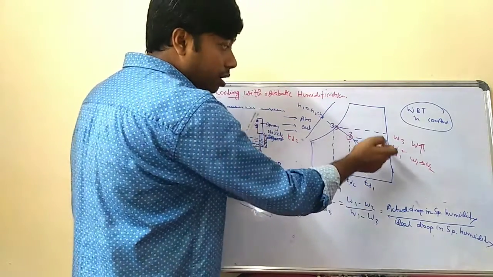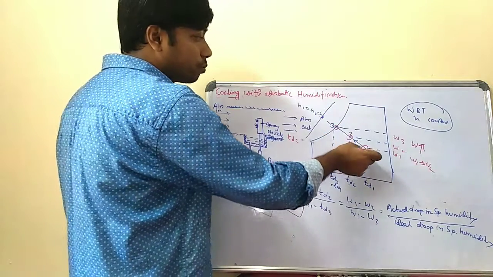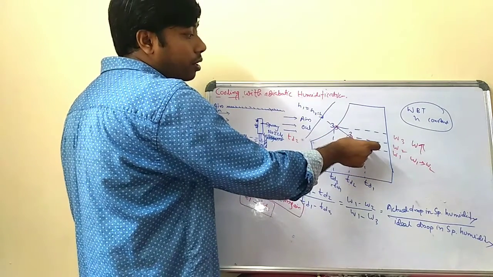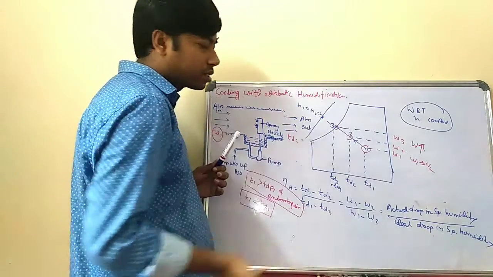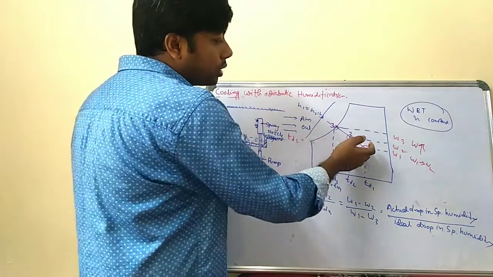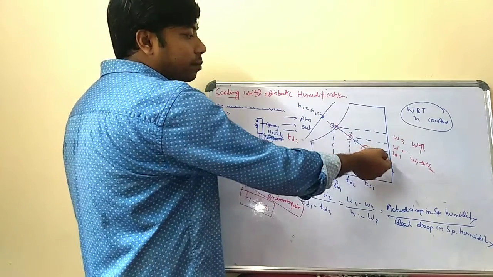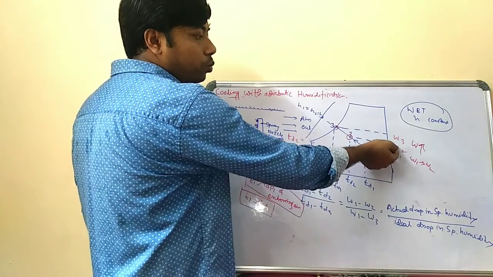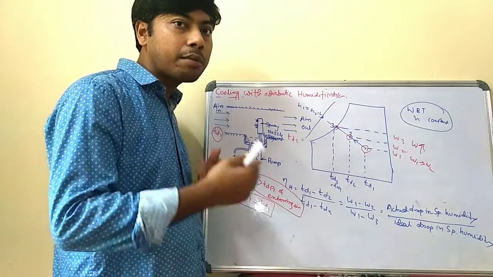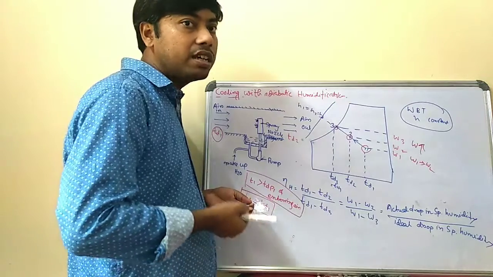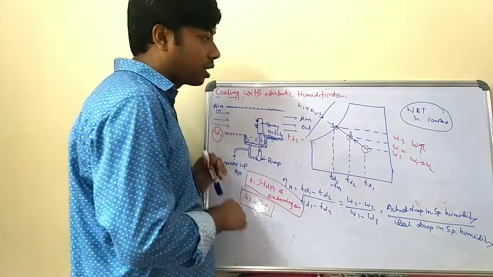Okay. Now for this cooling and adiabatic humidification process, what happens? The arrow indicates the process from point 1 to 2, or it may be 1 to 3. When the process is 1 to 2, the specific humidity increases from W1 to W2. That means the amount of water vapor increases, so humidification is done.